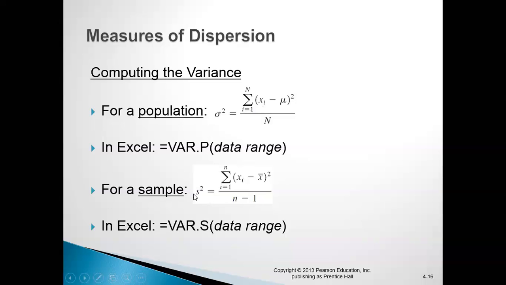And for the sample we have s squared, and we have x minus x bar. So here the population mean is there, and here we have the sample mean, right? Not much difference. Here we have the total population numbers, here we have the sample.